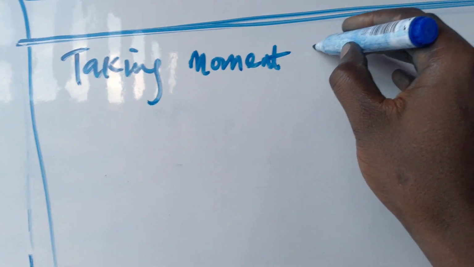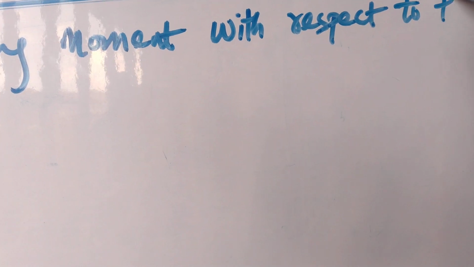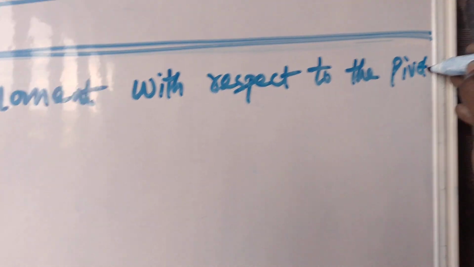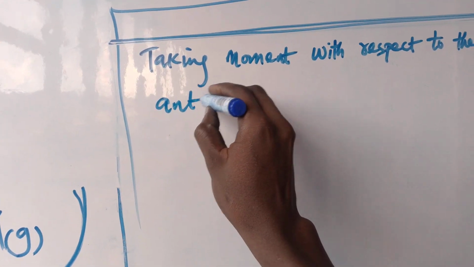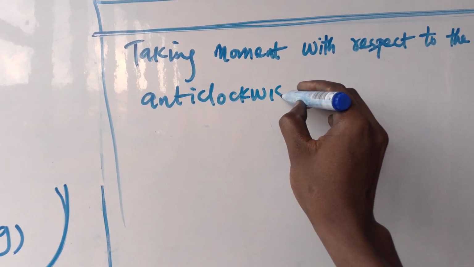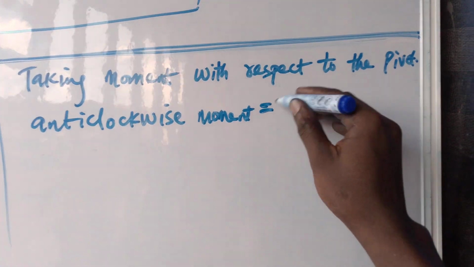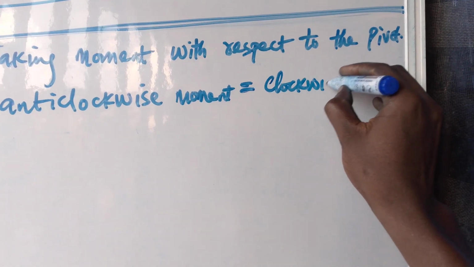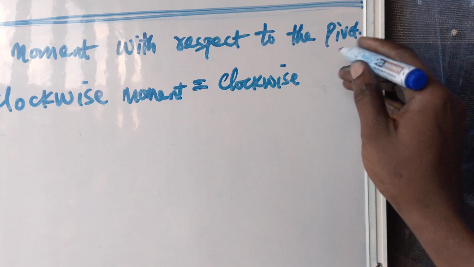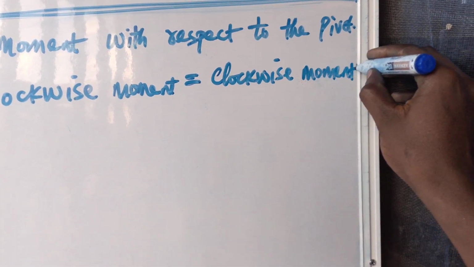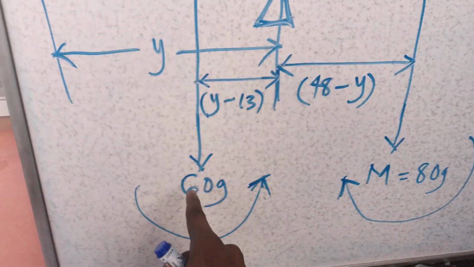Taking moment with respect to the pivot, I will have anti-clockwise moment equal to clockwise moment. Alright? And the anti-clockwise moment there will be this force times perpendicular distance.